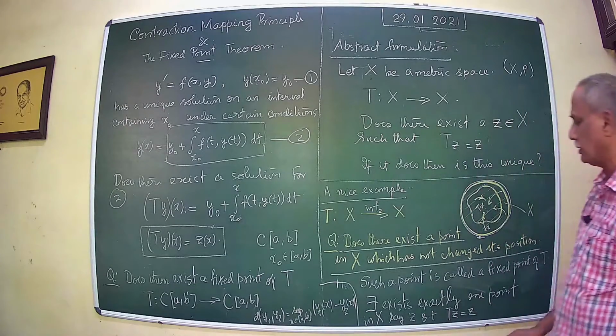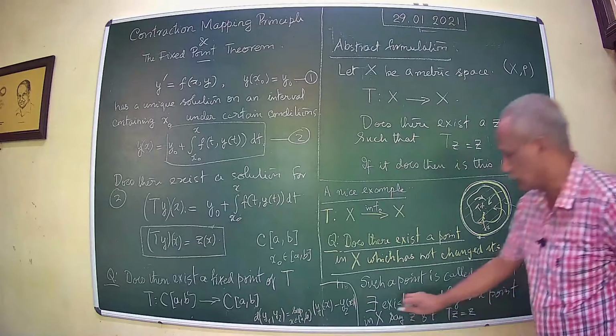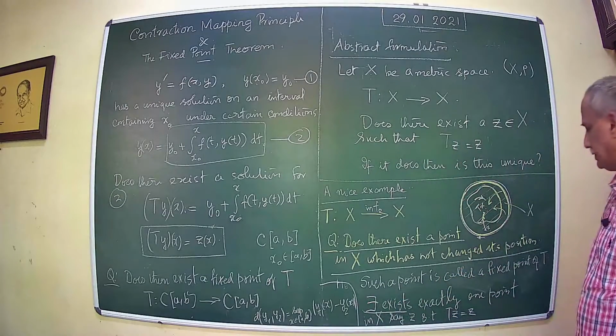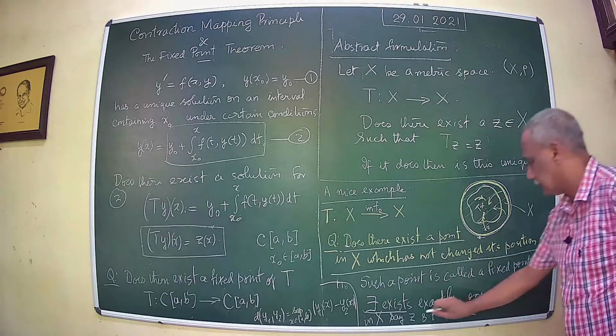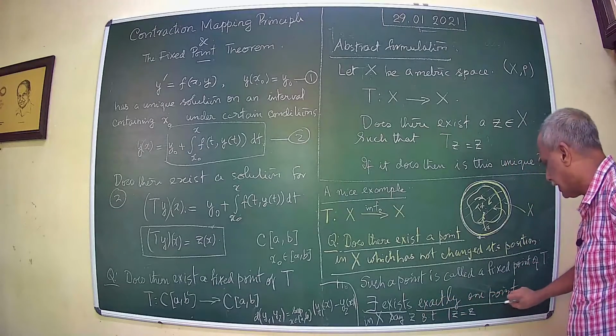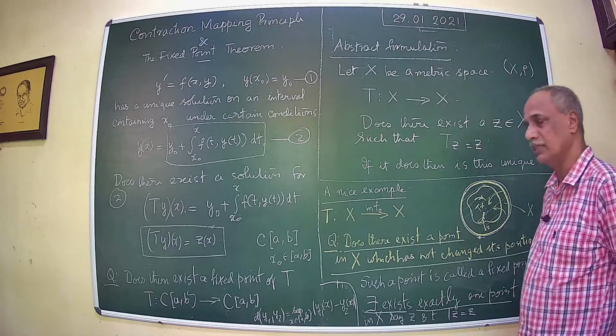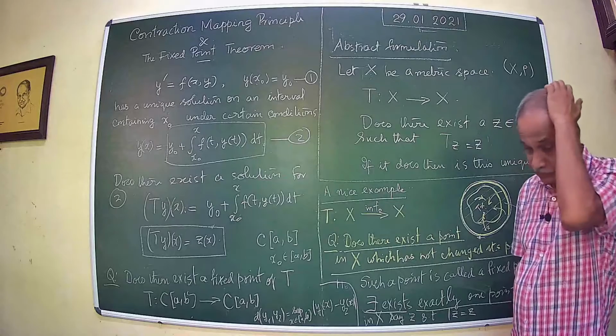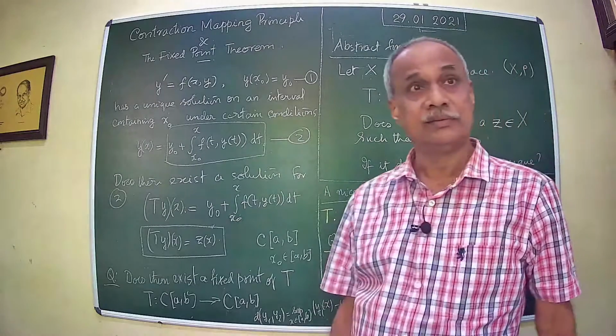It's a very strong statement. First of all, there exists a point z. The second part is exactly one point having this property, and this is what the fixed point theorem is all about.